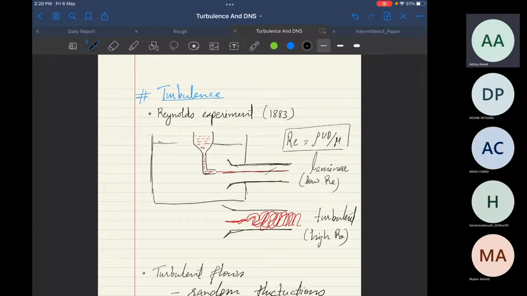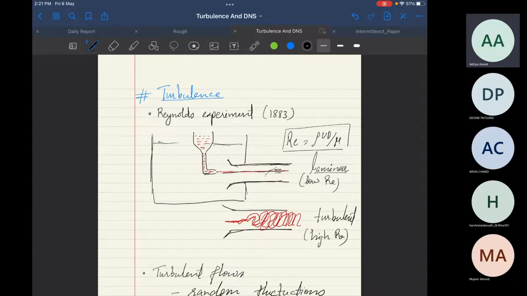What he observed is that for low Reynolds numbers, the dye that was injected flowed in a laminar, that is layer-like, fashion. It did not mix at all, except there might have been some distortion because of diffusion, but it still maintained its identity. It was flowing in a layer-like fashion.